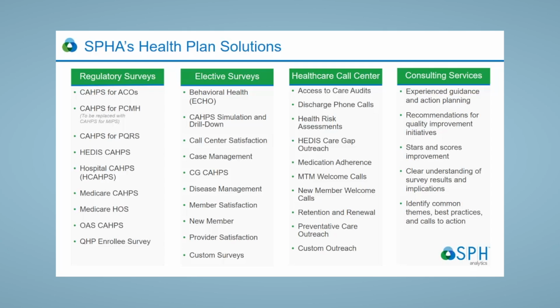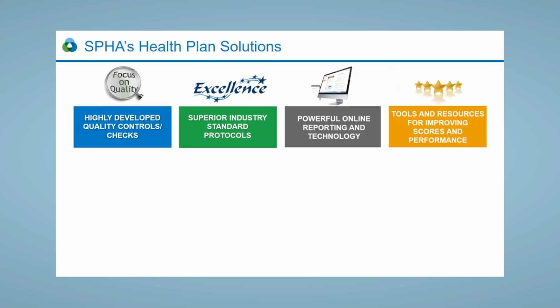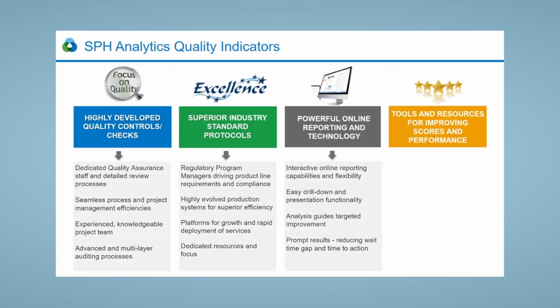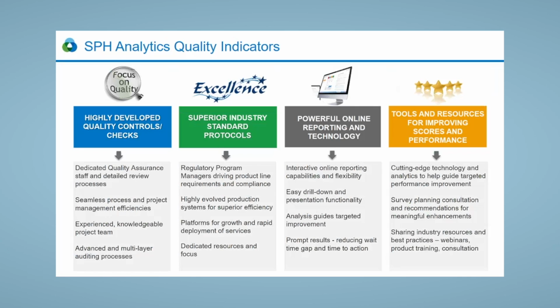Our consulting services provide an objective review of your survey results and offer guidance and recommendations to help you improve performance, enhance member satisfaction, and increase scores and star ratings. SPH Analytics has a sophisticated system and resources that support our commitment to perform at the highest level, including highly developed quality controls and checks, superior standard protocols.